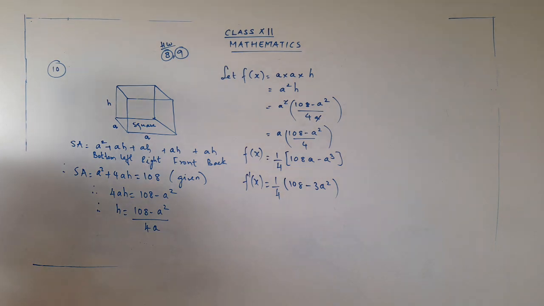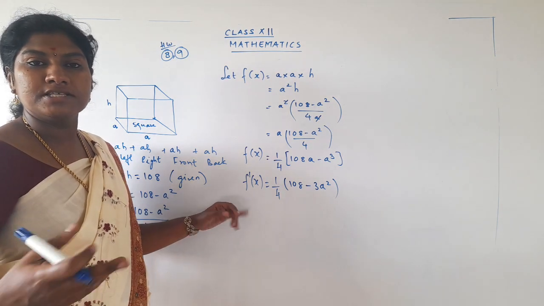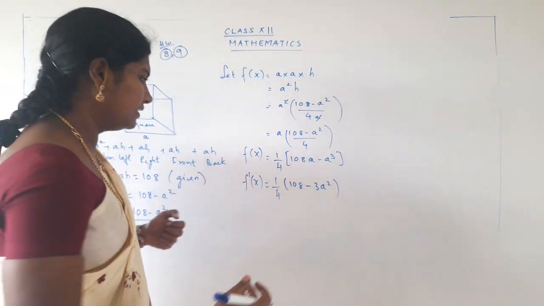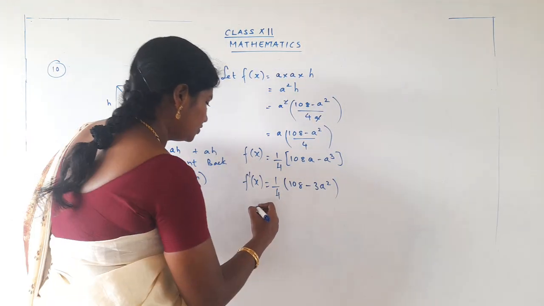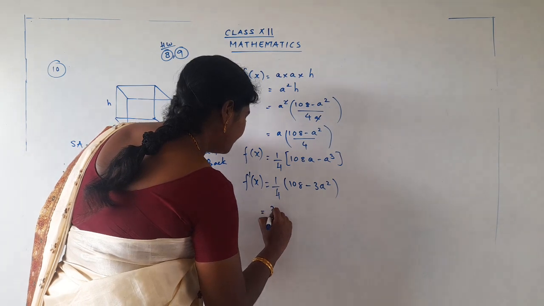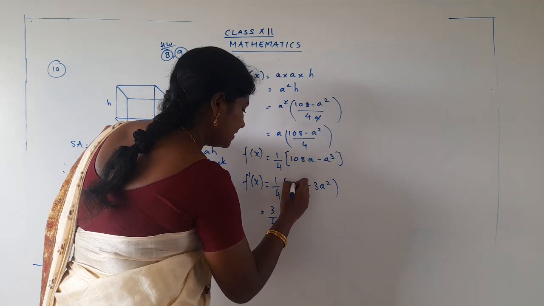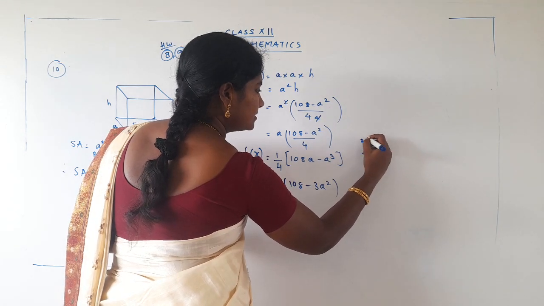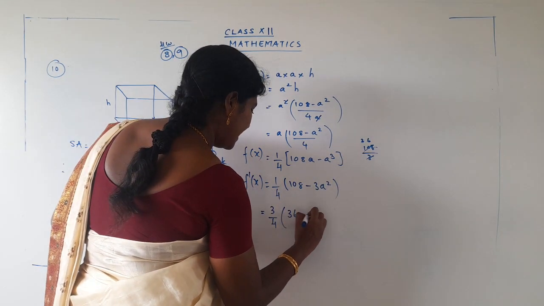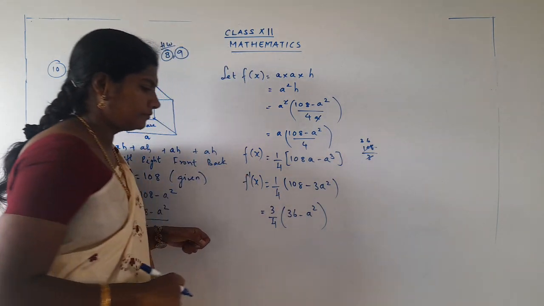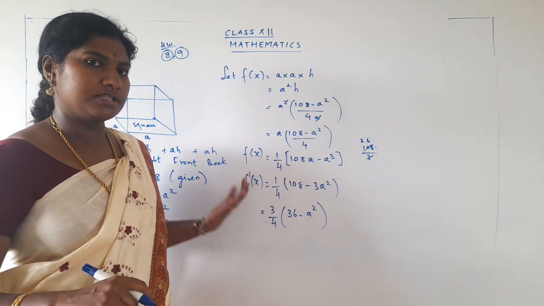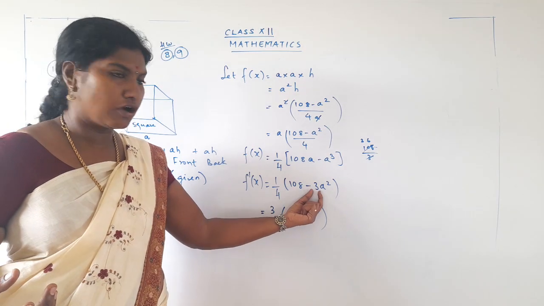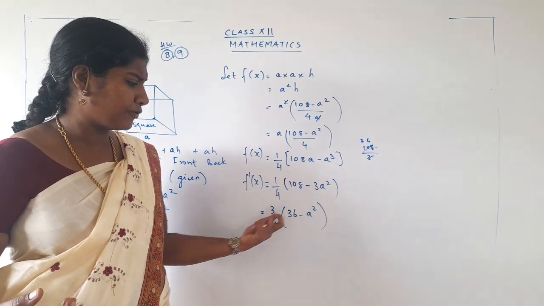Okay, we just continue further. So now we have to equate this to 0. Before equating with 0, we can have one more step here. I'll take 3 common out. So when I take 3 common out, I'll get 3 upon 4, and 3 3s are 9 and 3 12s are 36, so 36 minus a square. I have taken 3 common out. It's a constant. I cannot take a common, I am just going to take the constant number 3 common.